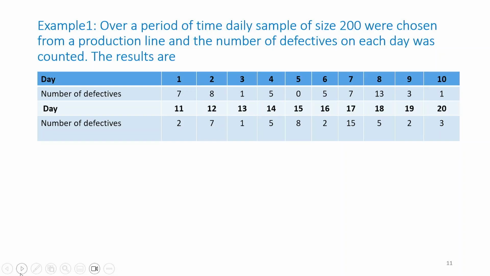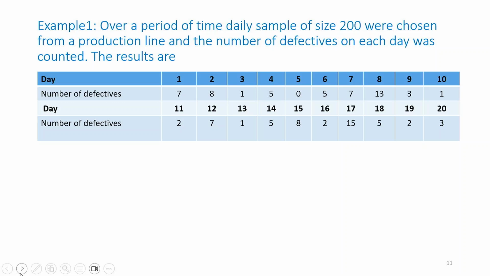Now we are going to take up one example. You can read this example number 1. Over a period of time, daily samples of size 200 were chosen from a production line.